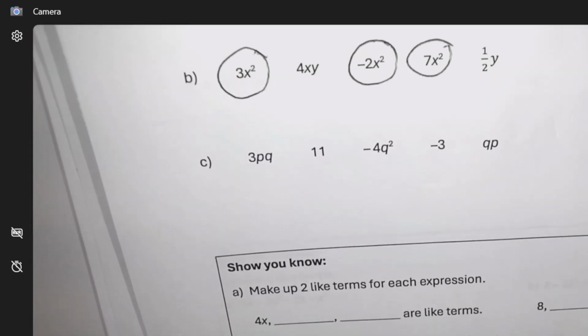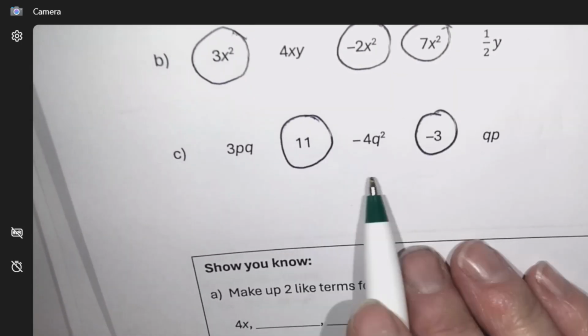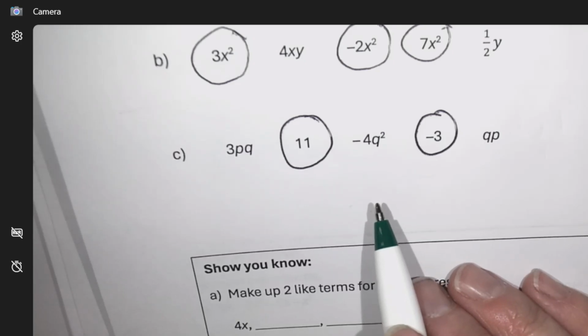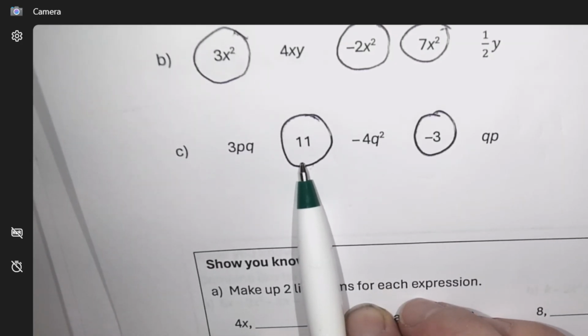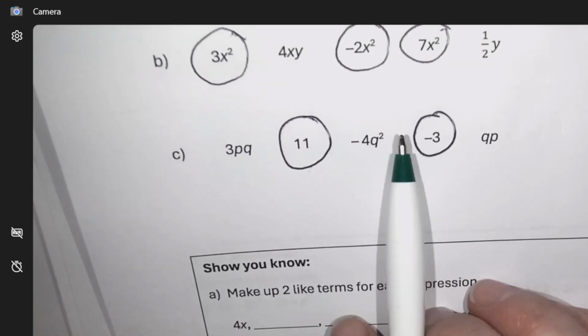In question C, you said 11 and negative 3? Is that what you said? Yes. Do you remember what these are called when they have no variable on them? Numbers. Starts with a C. Constants. This is a constant, and this is a constant. So you can put them together.